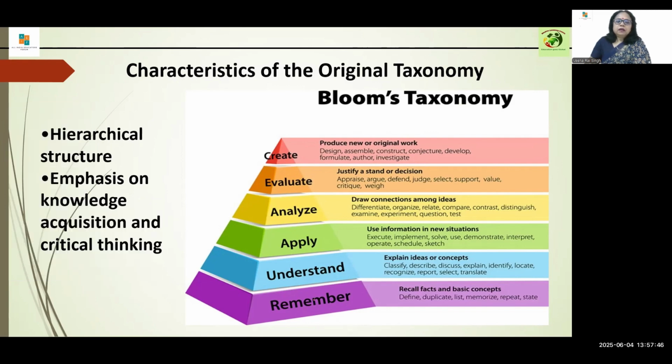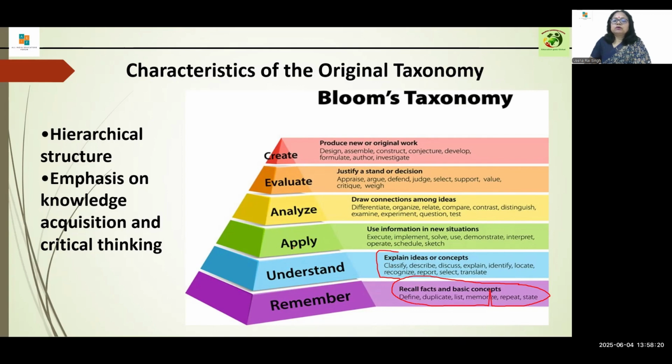It talks about the first, lowest level, that is remember. Here we are trying to recall facts and basic concepts. Second talks about understand. What is the child expected to do here? Here explaining ideas or the concepts given in the first stage will be done.